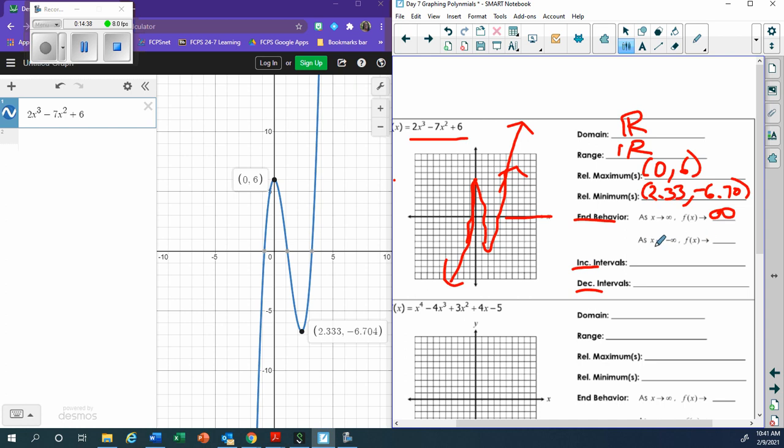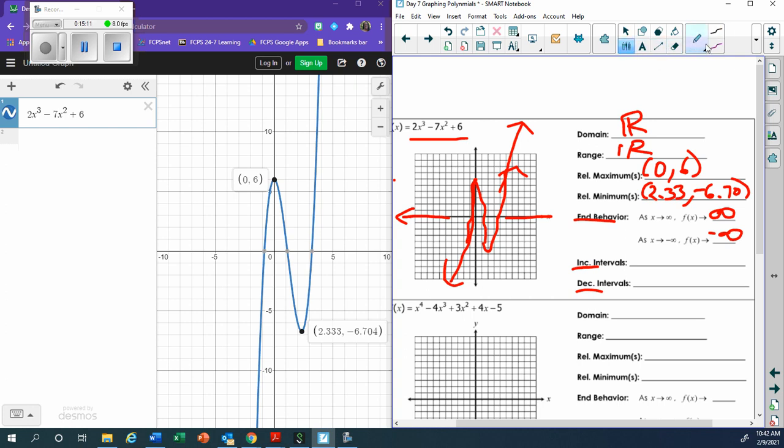Yes, okay. All right, so what happens as x approaches negative infinity? When I go in this direction, what is going on with the graph? Is it going up or down? Negative. Awesome. So it's approaching negative infinity. Okay. So this is the interval, increasing and decreasing. That's why I like to draw it, because it helps you understand what we're doing.